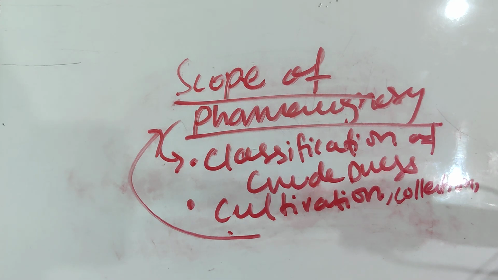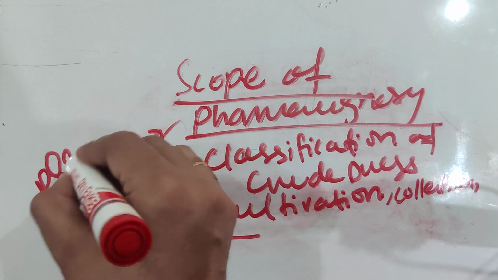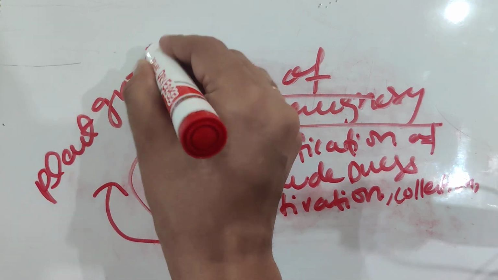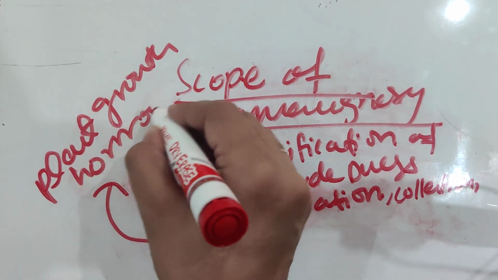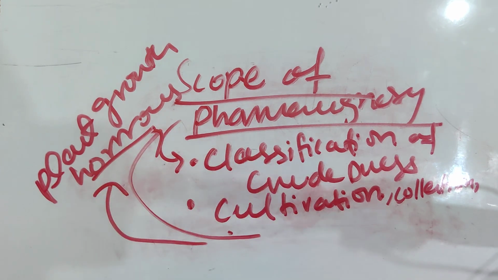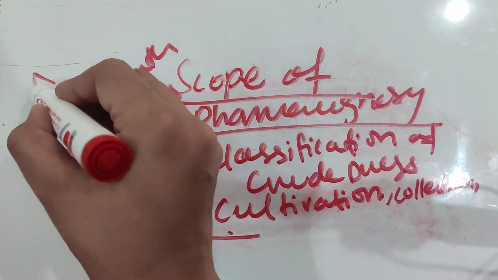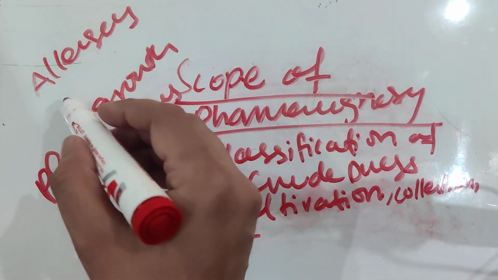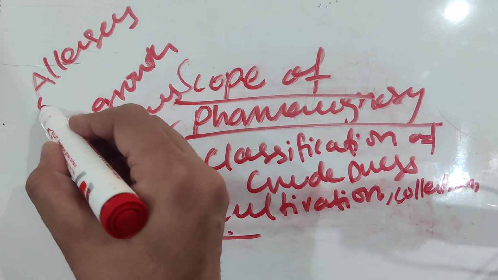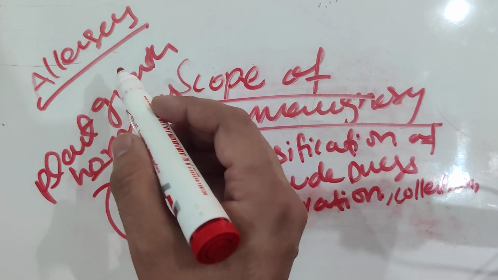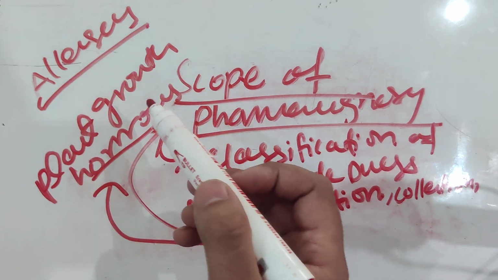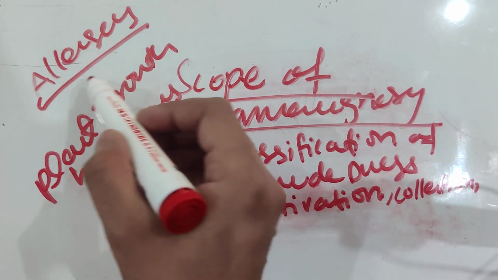Third, it is used in plant growth hormones for rapid and better growth of plants. Fourth, allergens and allergic preparations to overcome the problem of allergy. Fifth, enzymes to cure and manage diseases caused by enzymatic deficiency.